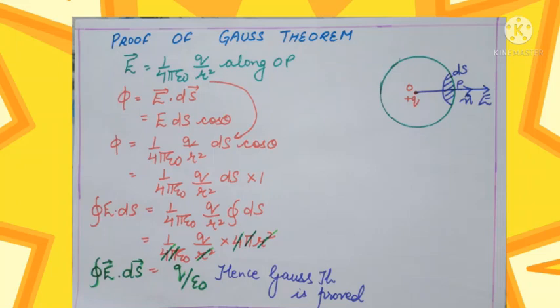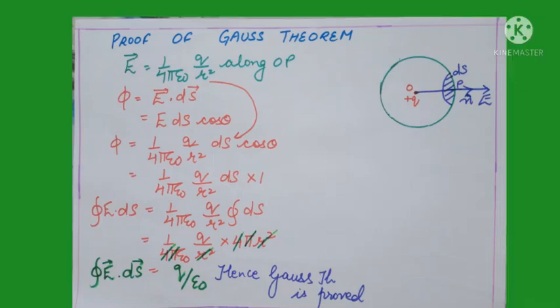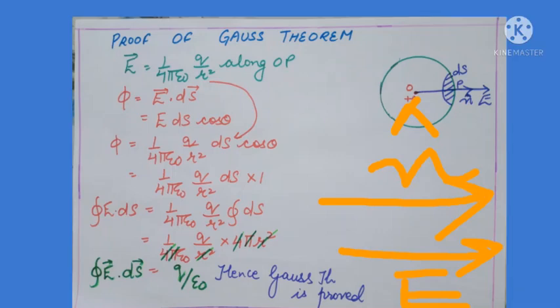Consider a point charge plus Q placed at point O and which has a spherical Gaussian surface, and the shaded portion acts as a Gaussian surface where we need to find the electric field intensity at point P, and the surface has direction given as n cap, which also lies in the same direction as E. So the angle between E and n cap is 0 degree.